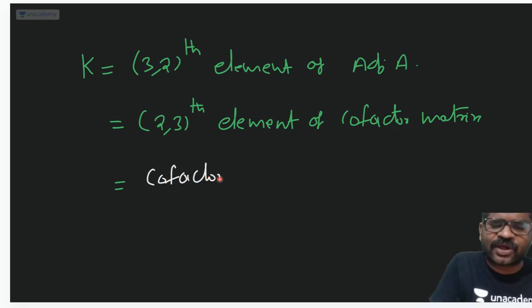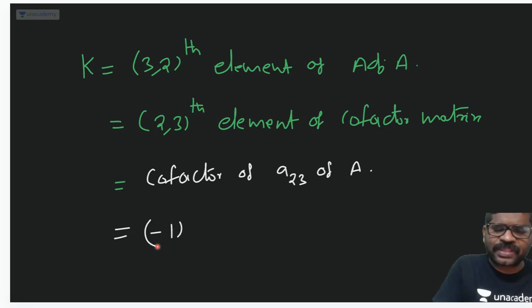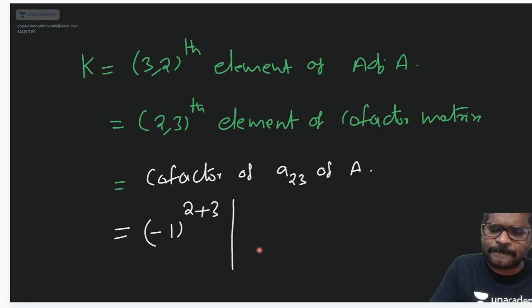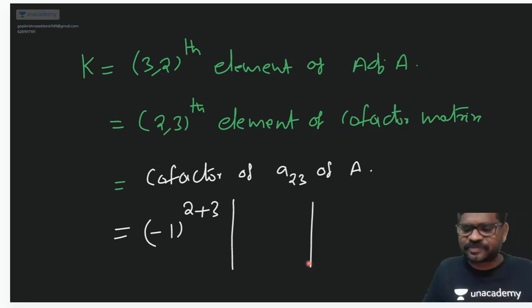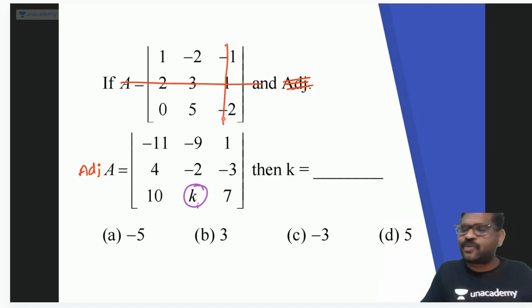Now, this is nothing but cofactor of A23 of matrix A. That's why (-1) to the power 2+3 multiplied with its minor. Sir, how to get minor? Eliminating second row and third column from matrix A. What is left?